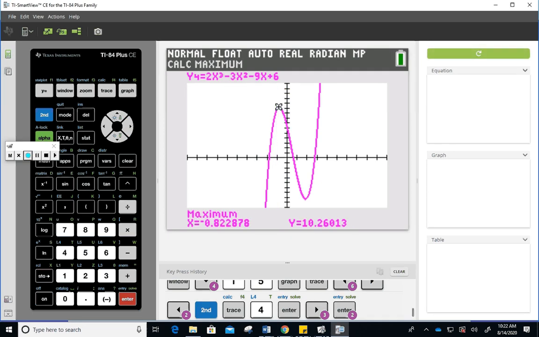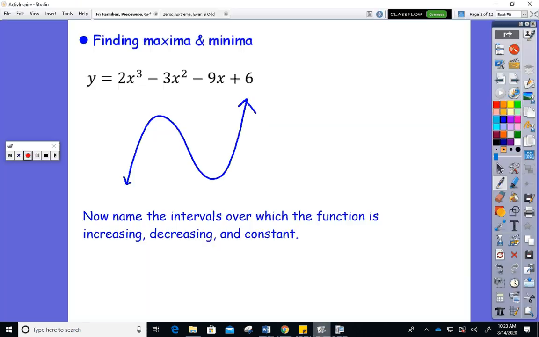I'm getting that my max is at negative 0.823, comma, 10.260 it looks like. Notice I'm rounding to 3 decimal places. 3 or 4 is fine.